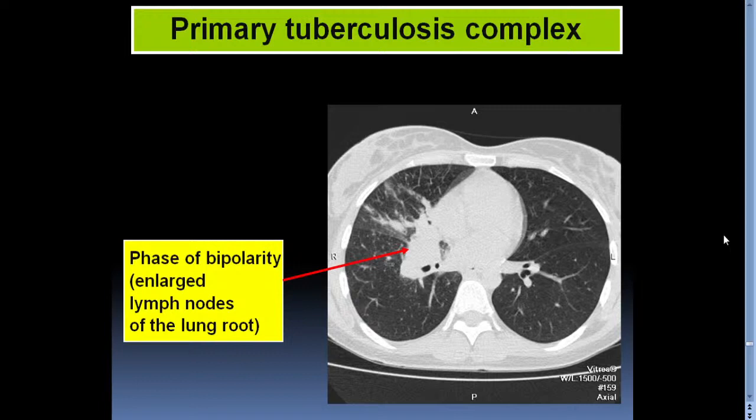Affection of lung root, affection of lymph nodes in the lung root, and affection of lung tissue. We can see this also on CT scan: this is the phase of bipolarity. In this layer we can see all three components.